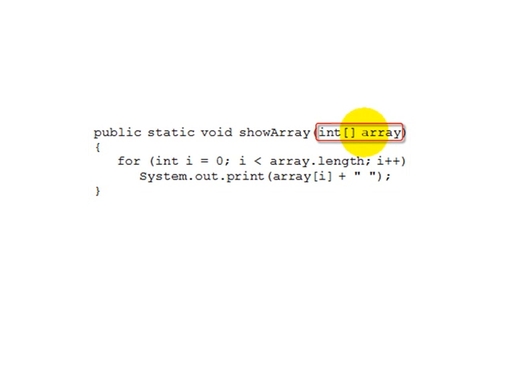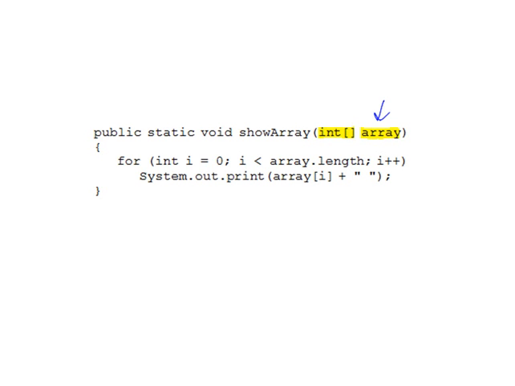And notice that it has a parameter named array, and the parameter is declared as an integer array. Now, let me just mention that the name array, there's nothing special about that. I just decided to call the parameter array because that's what it is. It's an array of integers.